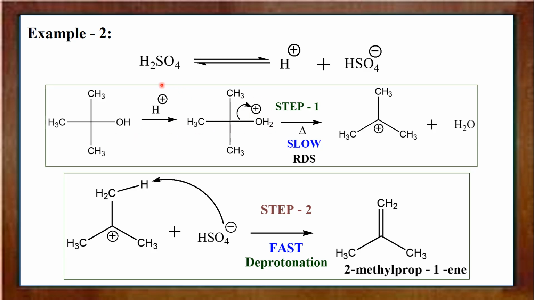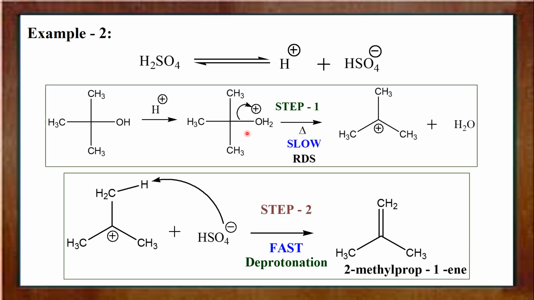The moment you add acid with alcohol, the alcohol undergoes spontaneous protonation. So this is not considered as a separate step. And now only the reaction starts. We start heating this protonated alcohol.